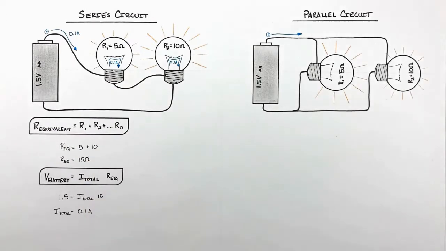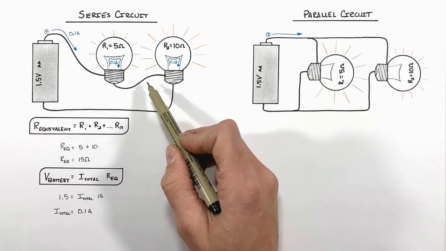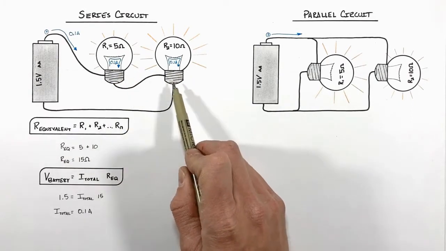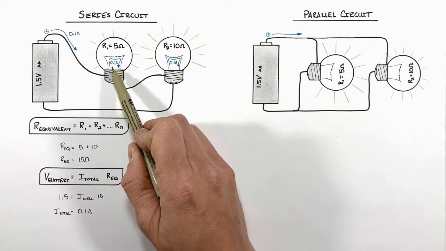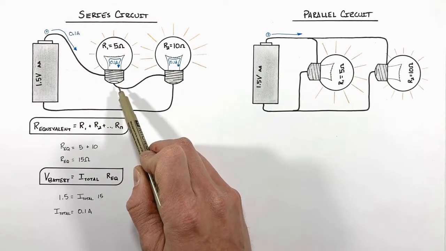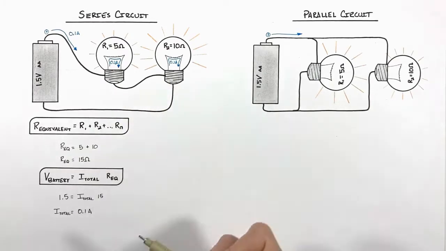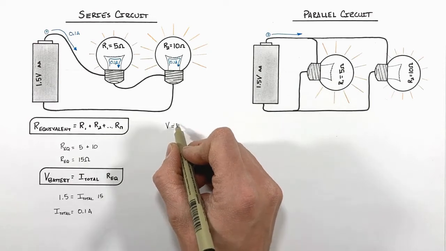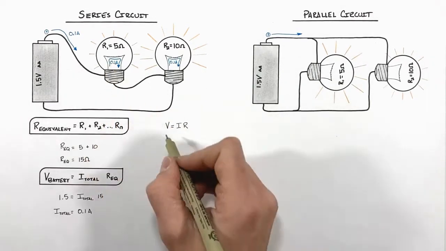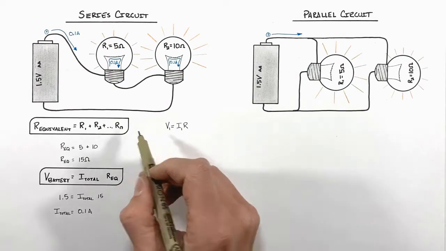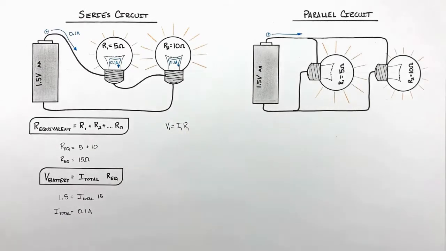Now remember, we're not only trying to solve for the current through each resistor, we're also trying to solve for the voltage across each resistor. And knowing the current and resistance at each bulb, we can solve for the voltage which is used up at each bulb. So using Ohm's law, looking at bulb 1, the voltage across bulb 1, or the voltage drop across bulb 1, is going to be the current through bulb number 1 multiplied by its resistance.